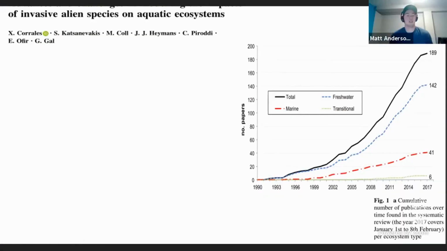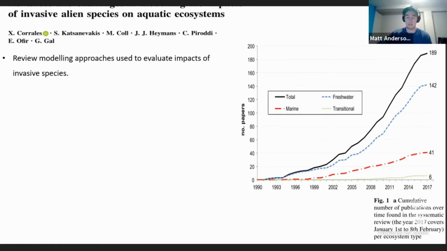So, this review paper was titled Advances and Challenges in Modeling the Impacts of Invasive Alien Species on Aquatic Ecosystems. The goal of this paper was to review different modeling approaches that have been used to evaluate the impacts of invasive species.